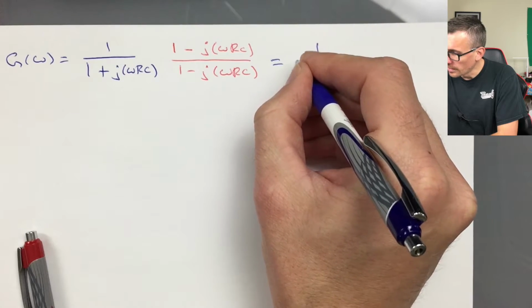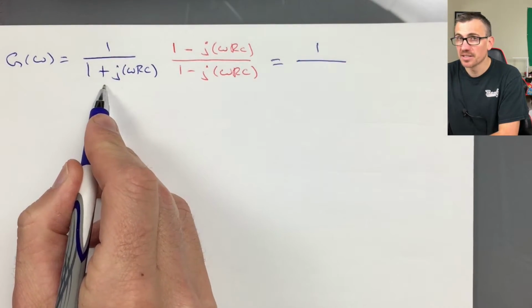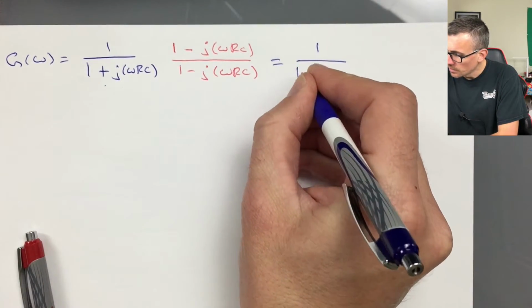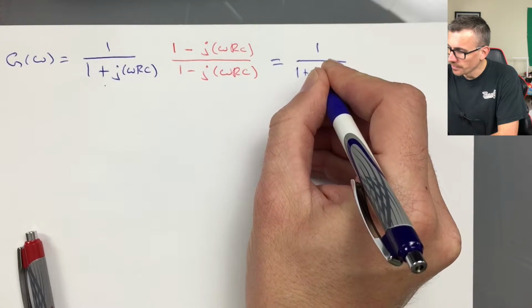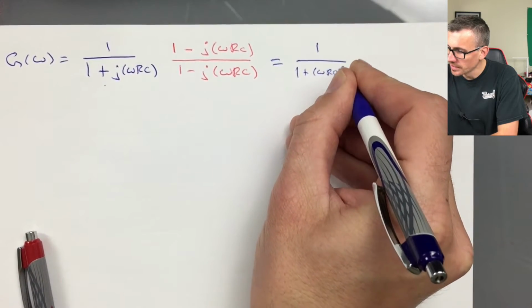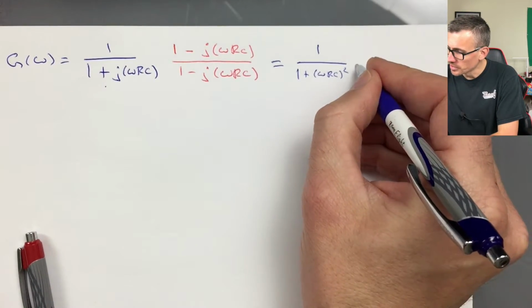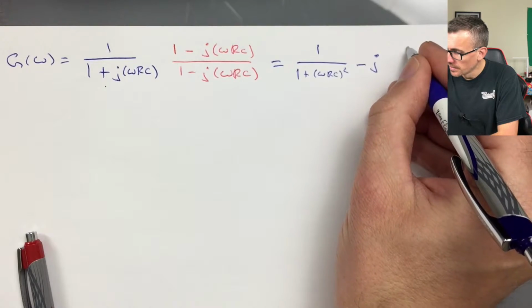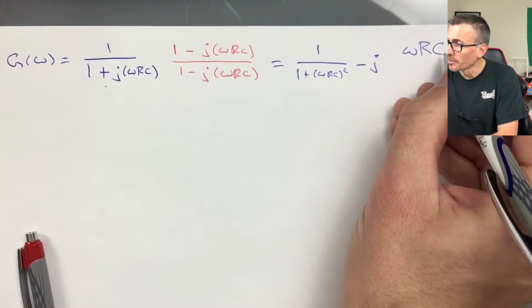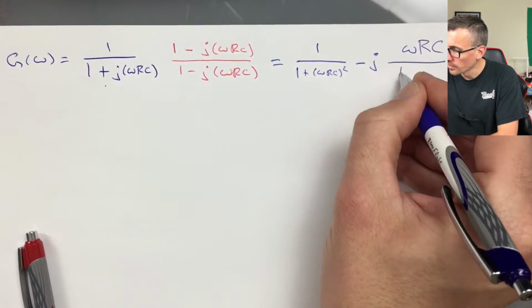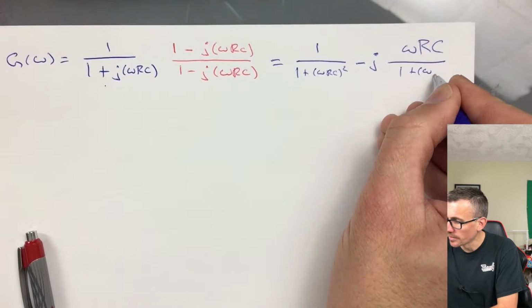Well, on one hand, we're going to have 1 plus this times its complex conjugate, which is real plus imaginary squared, omega RC squared. And then we have the imaginary part here, which is going to give us minus j times this omega RC term again over the same denominator.